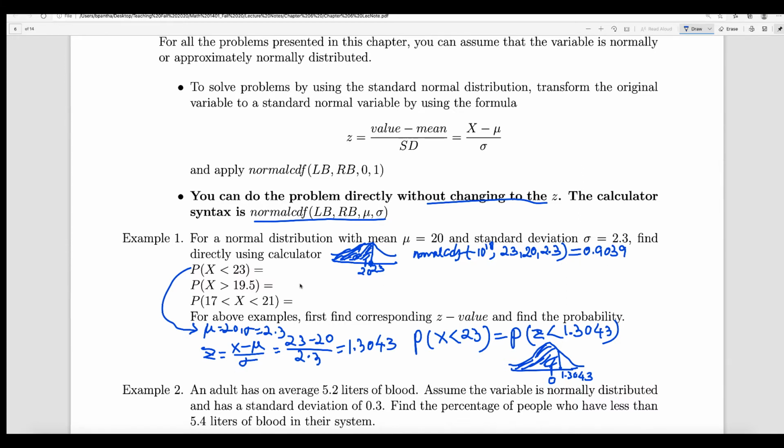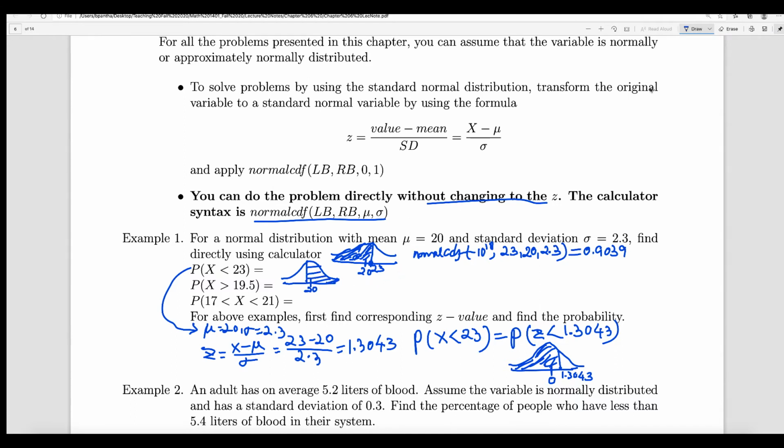So how about the second one? For the second one, the figure looks like this. What is the mean for this problem? The mean is 20, and it says greater than 19.5. Since this is 20 and it says greater than, it means the right side of 19.5. 19.5 may be somewhere here, and you are finding this area.